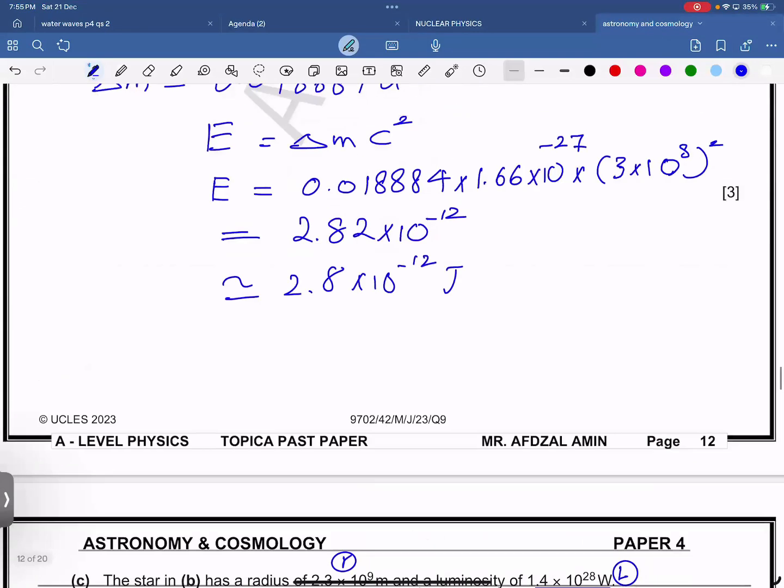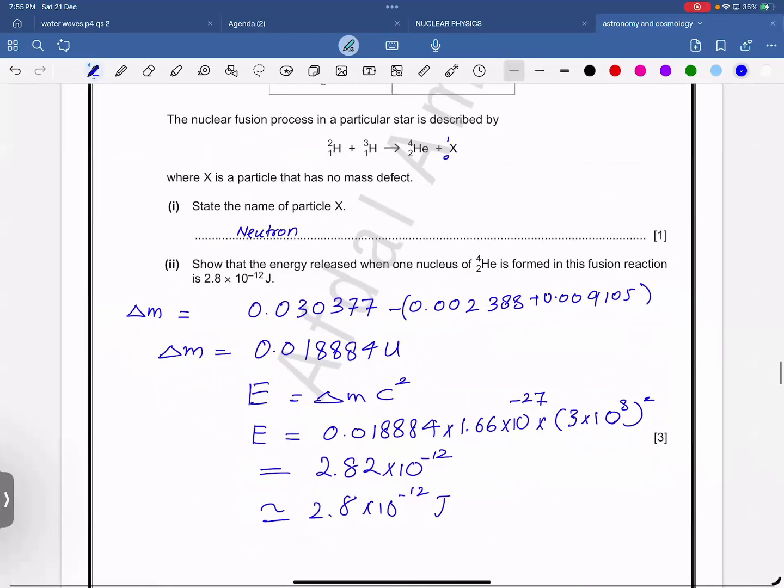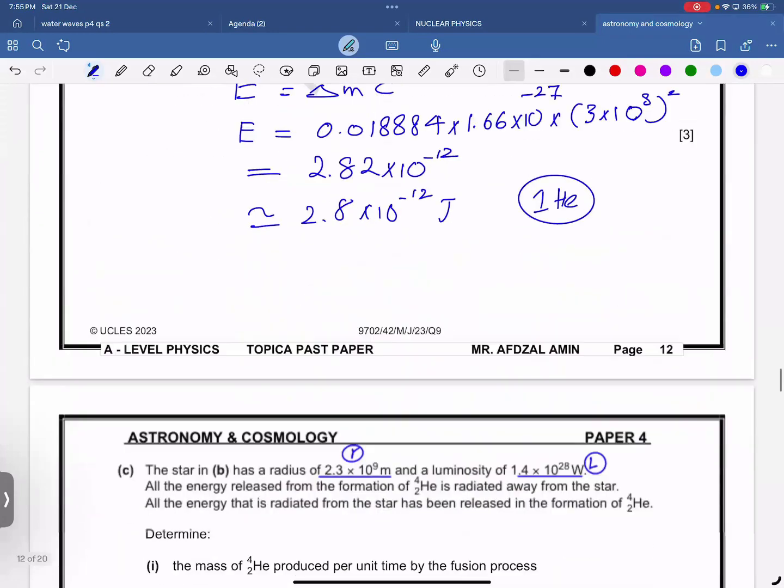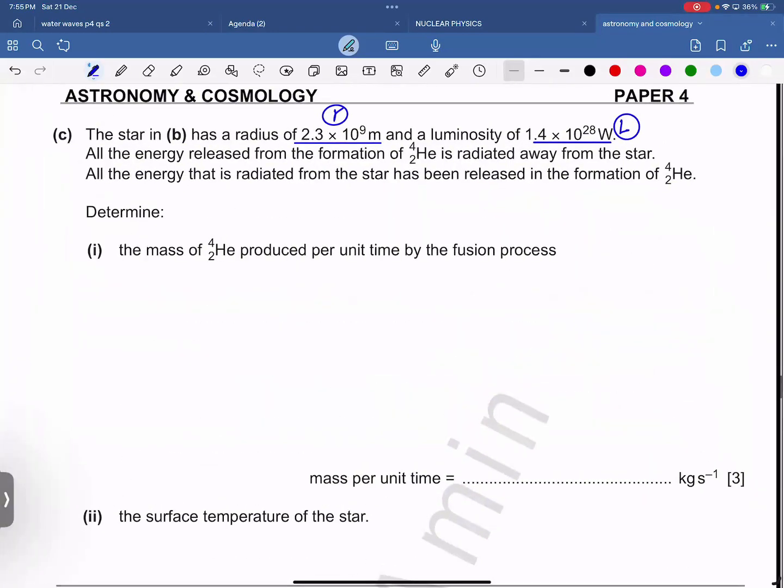Listen, first of all, this energy is only for one helium. This energy is due to the mass of one helium. So you can use this equation to find the total energy, right? And after that, you can convert that into mass using the mass of one nucleus and how many you can find, my dear students.